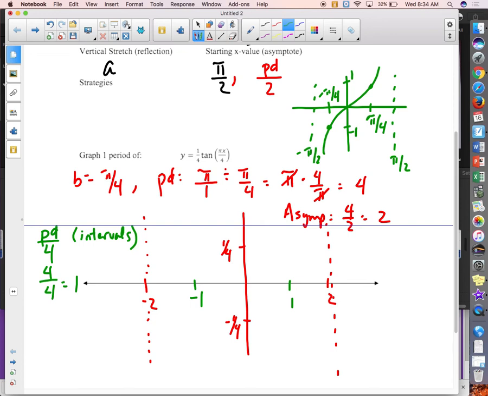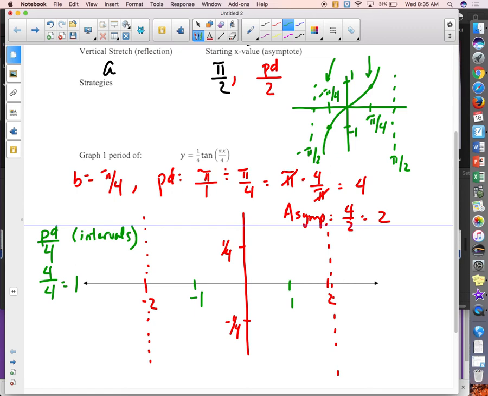Those happen at the quarters. So my period was from negative pi over 2 to pi over 2, and my intervals here are the period divided into quarters. And again, the y values of negative 1 and positive 1 happen in between those values.